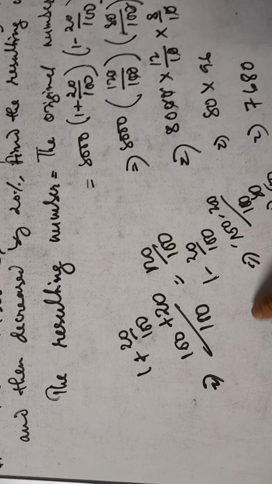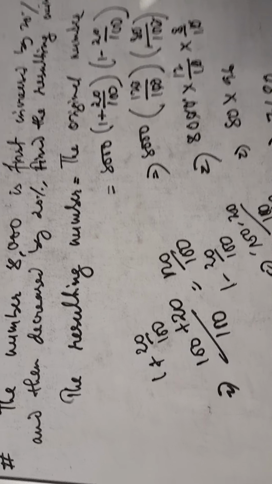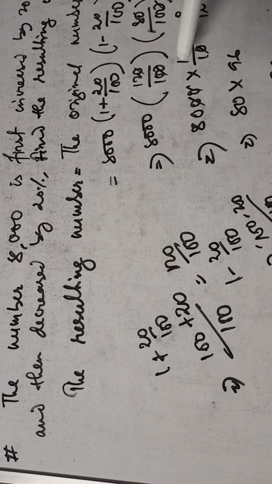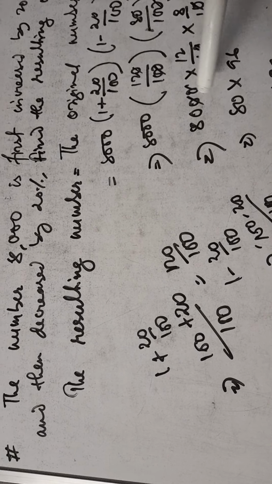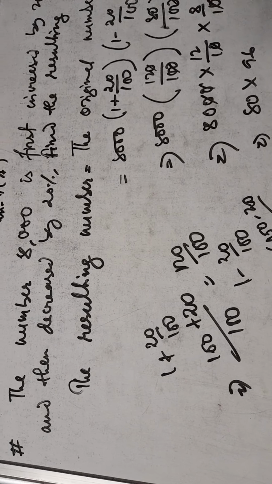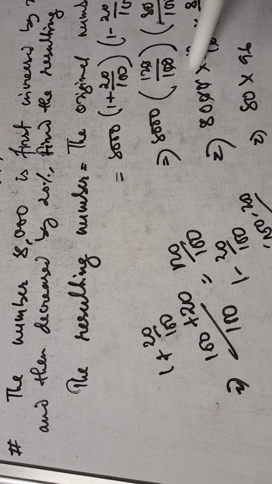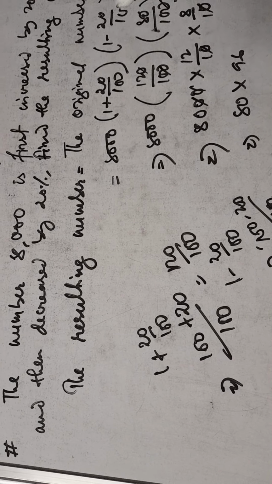Now the next point is, we just cancel the 0 from here and the 0 which is common on both sides. 120 by 100, 80 by 100, that is 0 cancelled, 0 cancelled, remaining is 12 by 10 into 8 by 10. So removing the bracket, we have to put the multiplication sign because a bracket is also similar to the multiplication form.